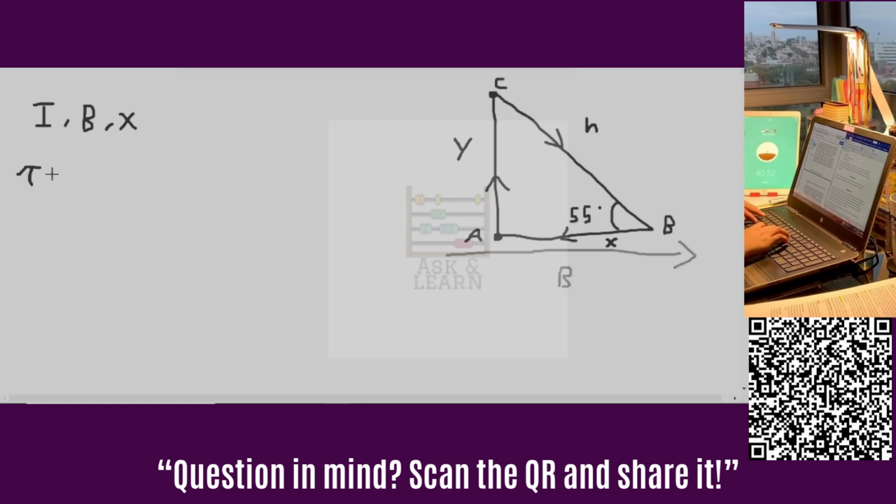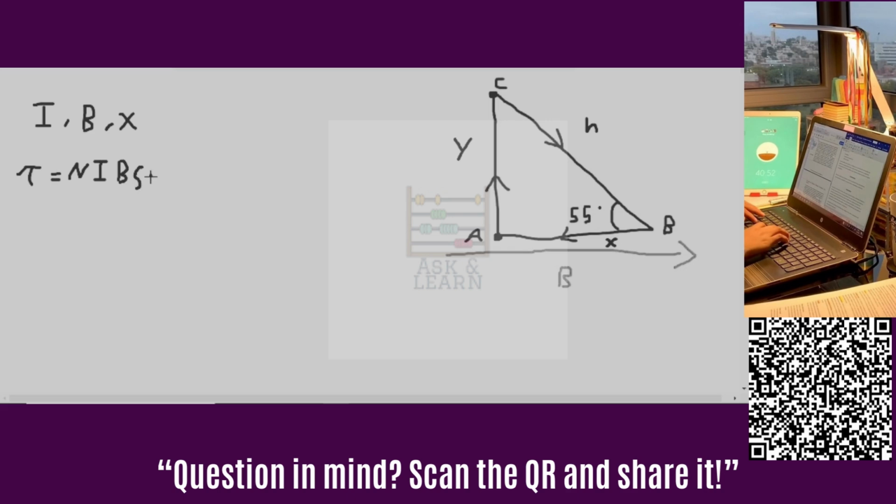Tau is equal to the number of coils, the number of times it's wrapped around, which in this case is just one loop. We don't have to worry about n in this case, it's just going to be 1. We have the current times the magnetic field, and this is sine of theta.